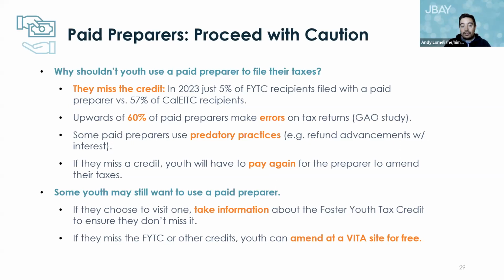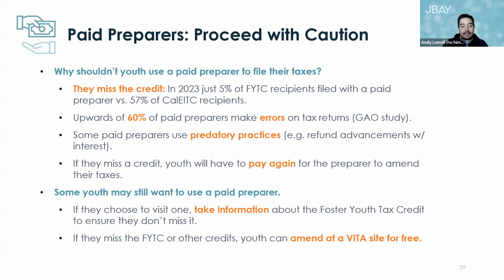Secondly, upwards of 60% of paid preparers will make errors on your tax return. And that isn't even just exclusive to the foster youth tax credit. That can be applicable to all sorts of different issues. They could make an error anywhere in your tax filing.